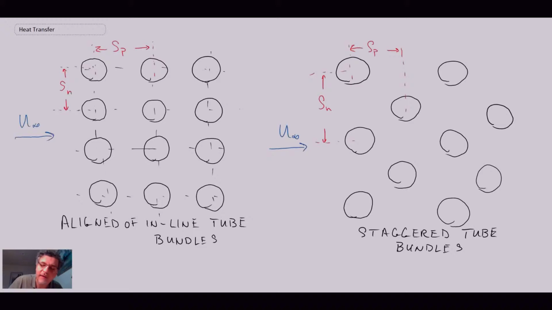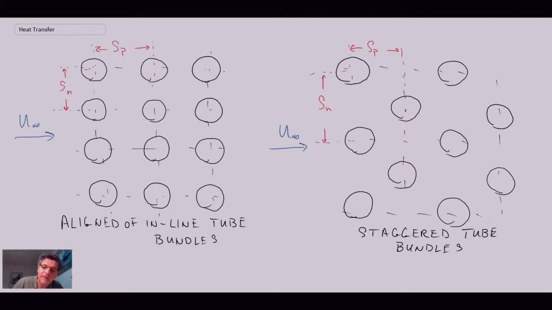Whereas in the case of the staggered tube bundles, we do have rows and columns, but they are staggered with respect to one another. And that guy there is in the wrong spot. There we go. So with this, we can have very different flow fields.